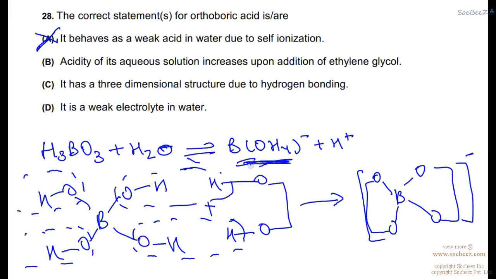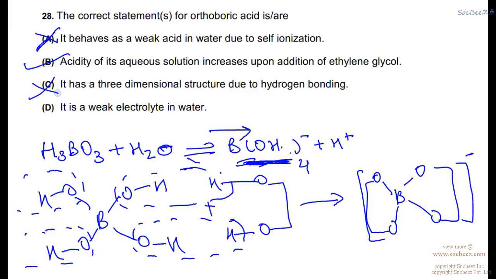Here B(OH)4 minus gets consumed by ethylene glycol, and hence this equilibrium is shifted in the forward direction. Therefore, option B is the right option. Its acidity in aqueous solution increases.